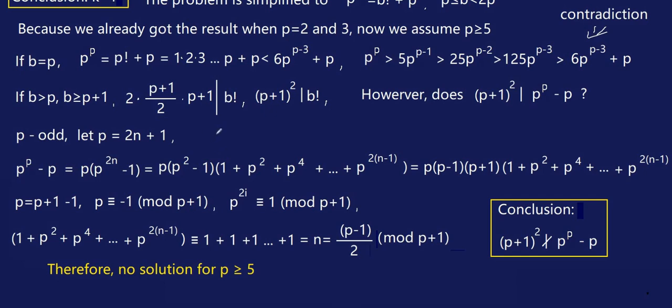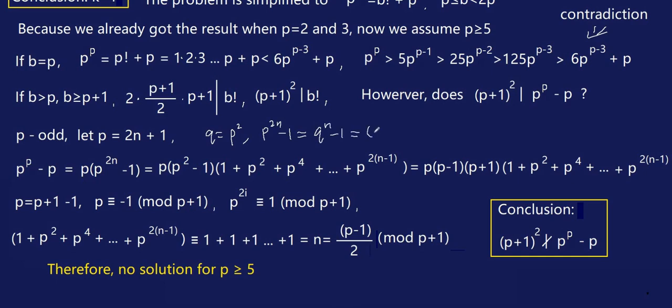And here, we can use the factorization method. Say that q is equal to p squared. Then p^(2n) minus 1 becomes q^n minus 1.